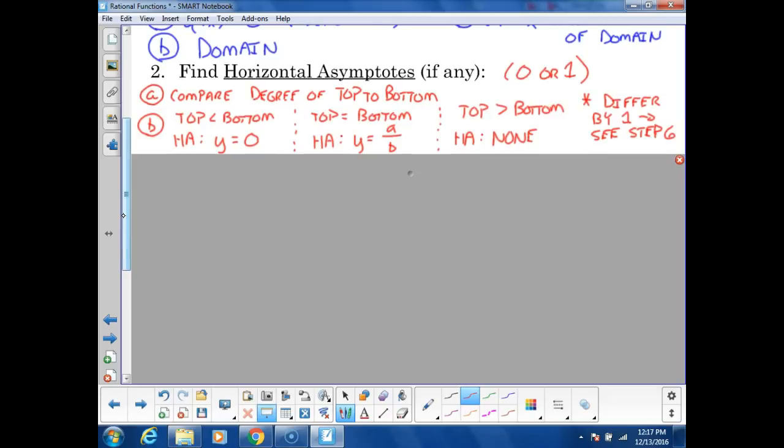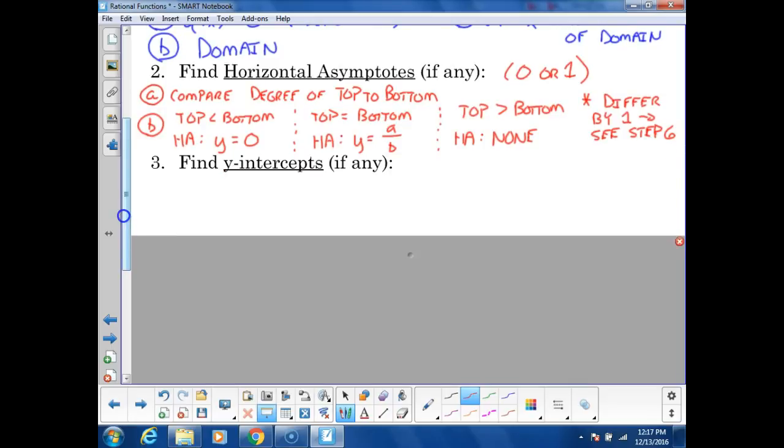Step 3. Find the y-intercept by setting x equal to 0. So I'm really finding f of 0.